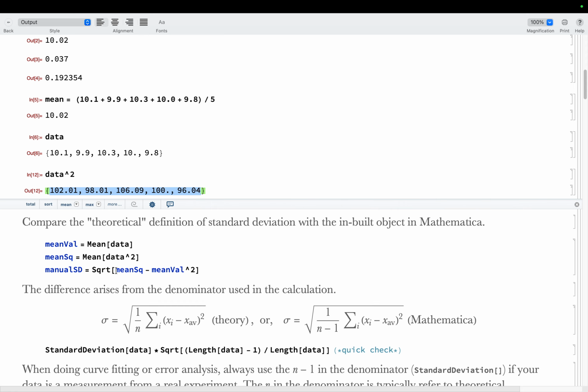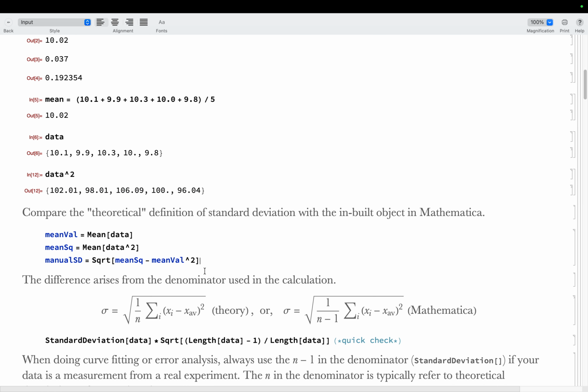This is basically the square root of the mean square minus the mean value squared, right. So this is the square of the mean, and this is the mean squared, and their difference is basically your standard deviation squared. So I just put the square root. I hope it is clear.